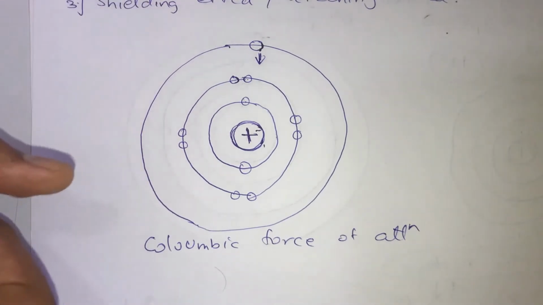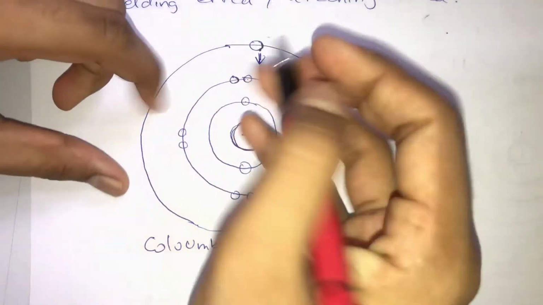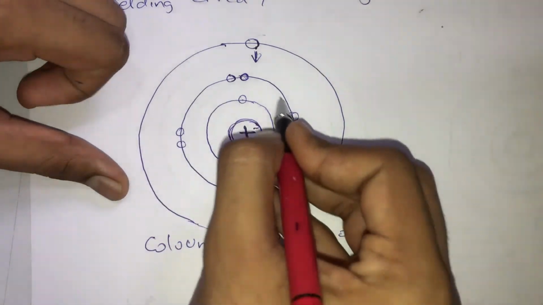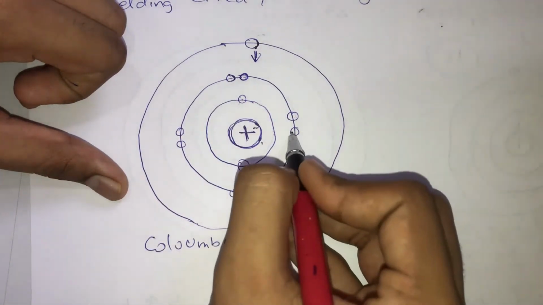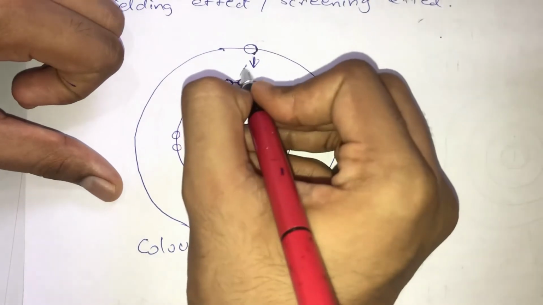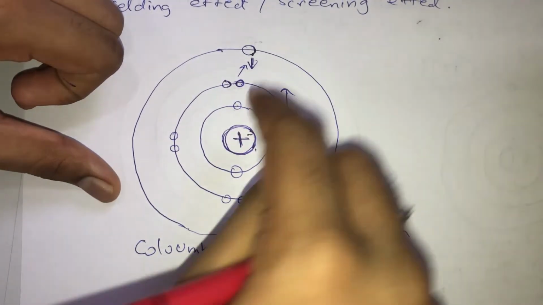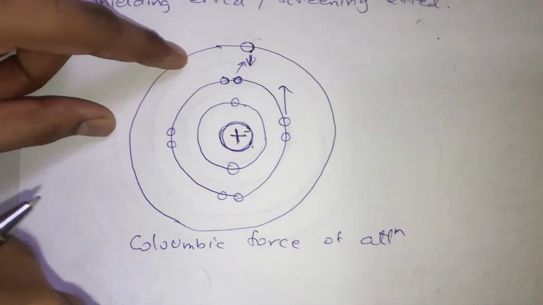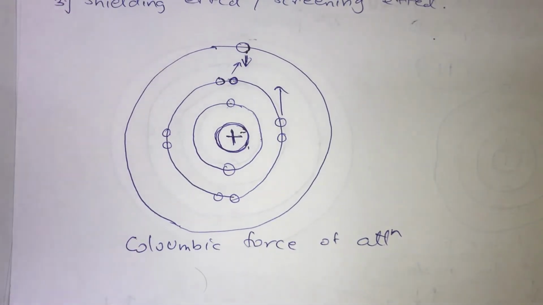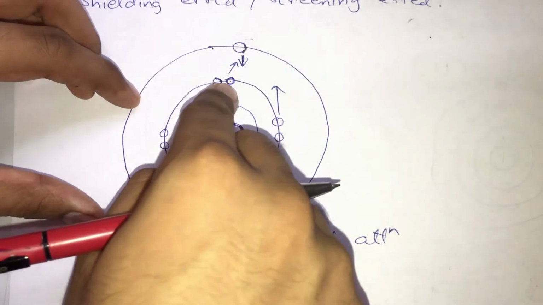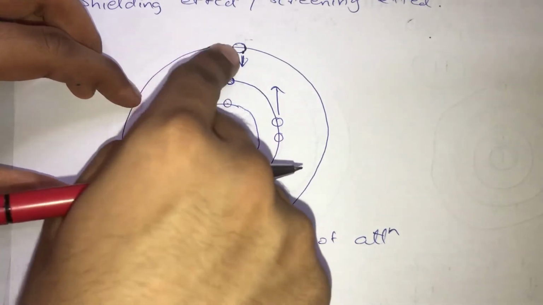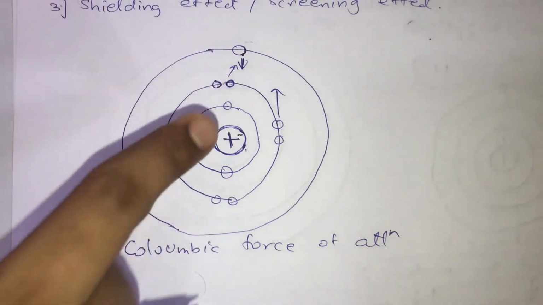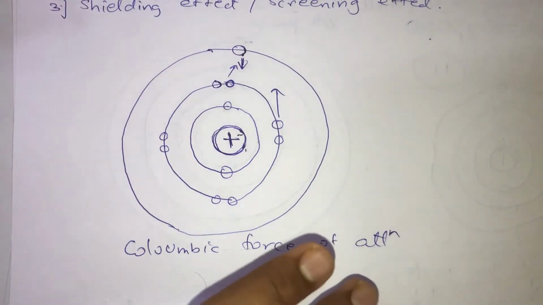But while it is attracting, the electrons which are present inside the second energy level are going to repel this electron away. Why are they going to repel? Because these electrons are negatively charged and this electron is also negatively charged, and as we all know, like charges repel each other.